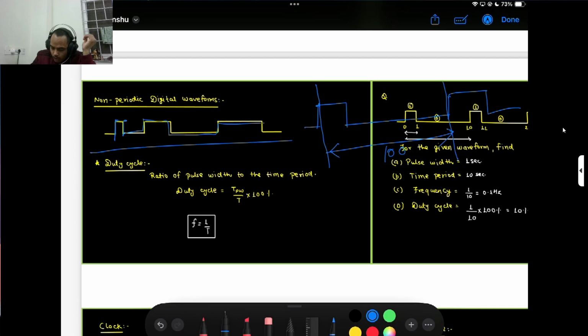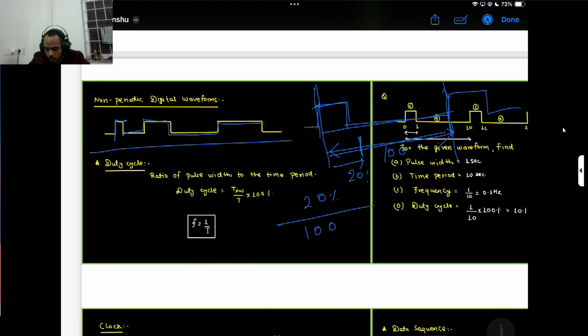How much time does this clock stay on? Suppose 20%. So duty cycle is the time at which the signal is on, 20%, relative to the total cycle time, which is my 100%. So it is 20% or 0.2. This is my duty cycle.